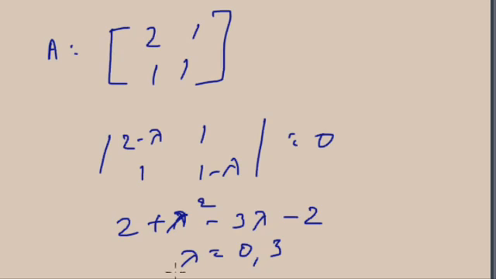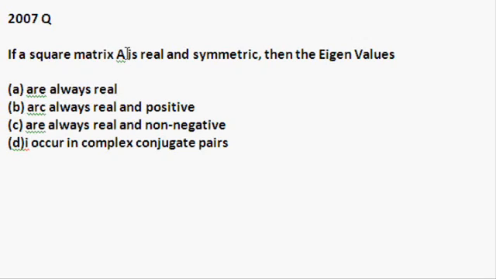So the eigenvalues are 0 and 3, so they are real. If a square matrix is real and symmetric, then the eigenvalues are always real. So A is the correct answer, because one of the eigenvalues is 0, so you cannot say always positive or negative.